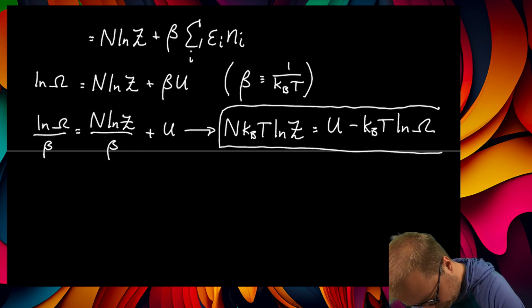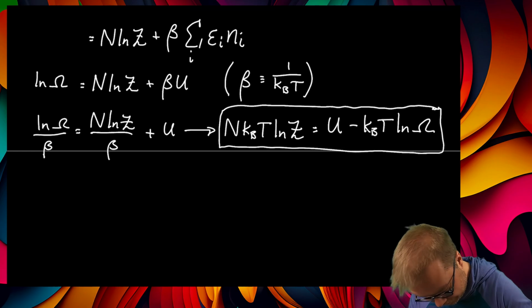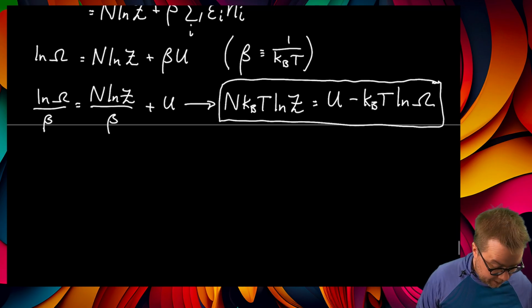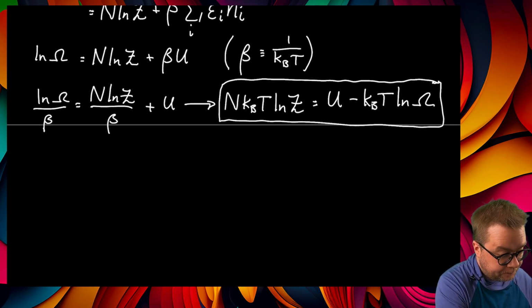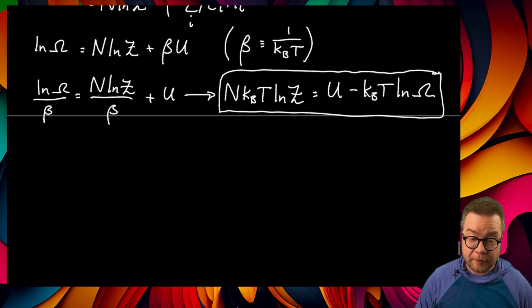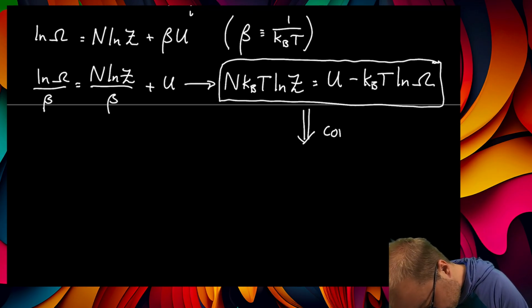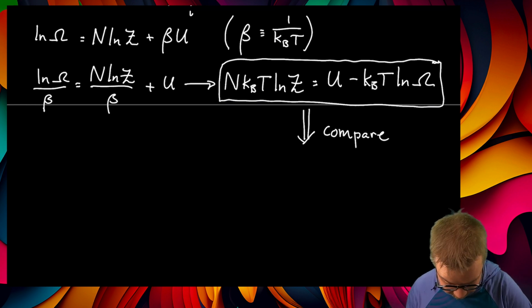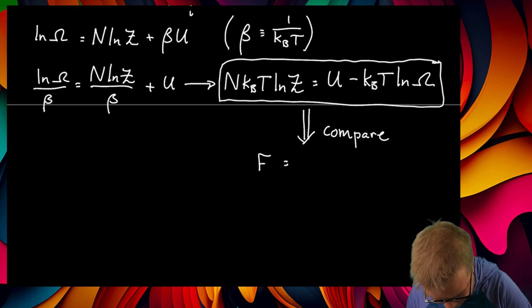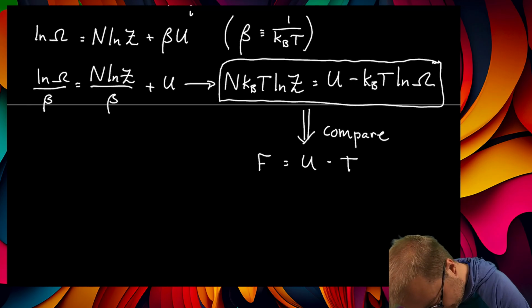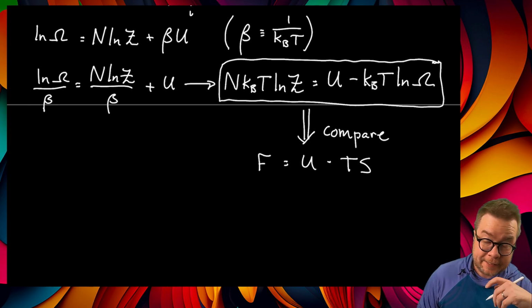You may not think so, but we are. Okay, we've got that expression. And now what I'm going to ask you to do first of all is compare this to the definition of the Helmholtz free energy, where F is equal to U minus TS.